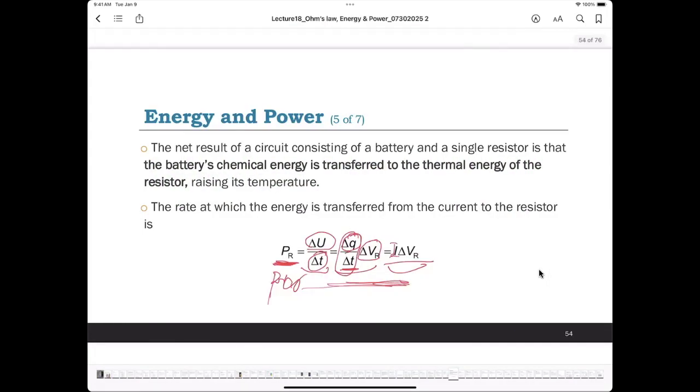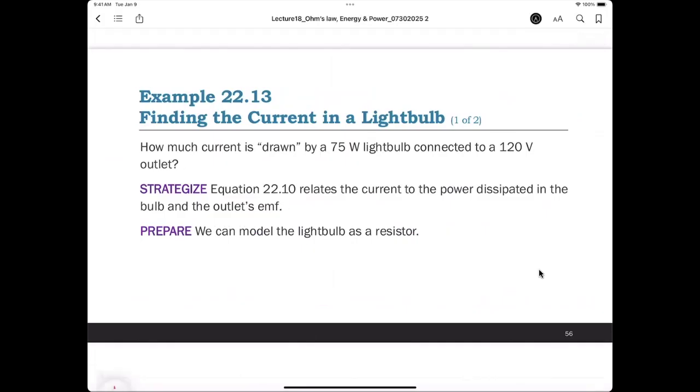How much current is drawn by a 75 watt light bulb connected to a 120 volt outlet? We know P, we can get it from this equation. P equals IV. Now we know P, we know V, so we can calculate the current.